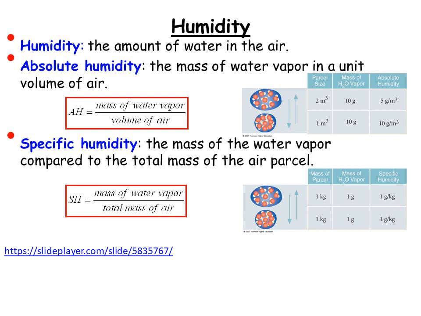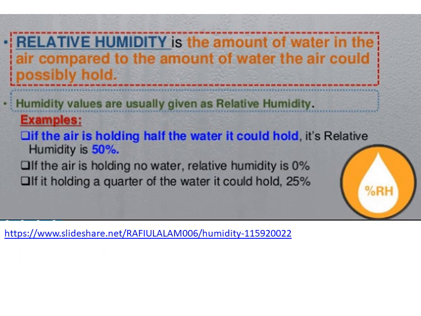It means that regardless of the volume, so malaki man siya or maliit, pareho lang yung specific humidity dahil yung specific humidity does not depend on the volume of the air parcel but on the total mass of the air doon sa air parcel.